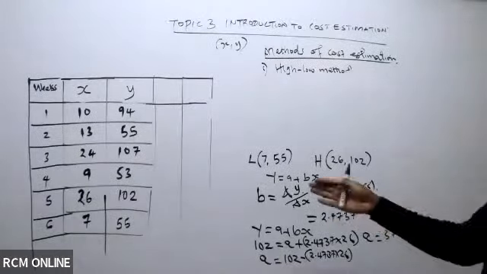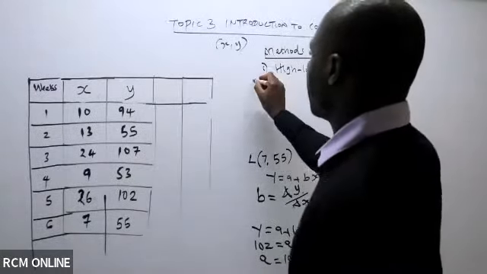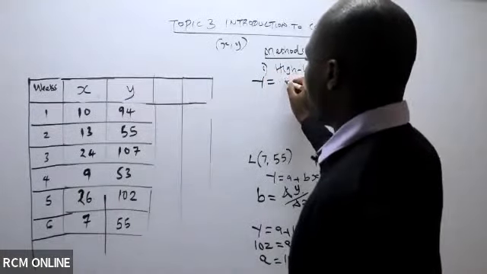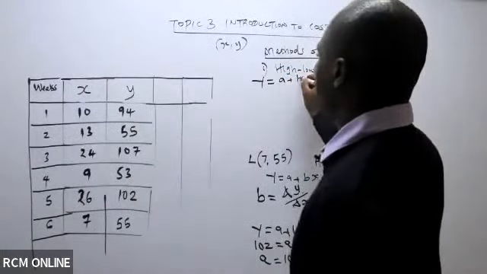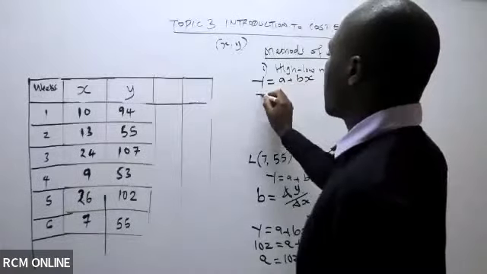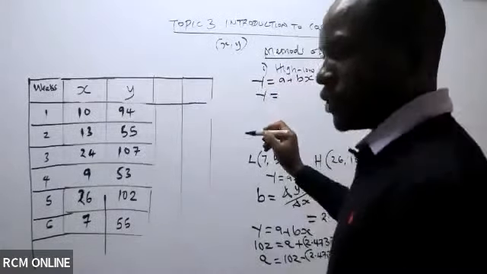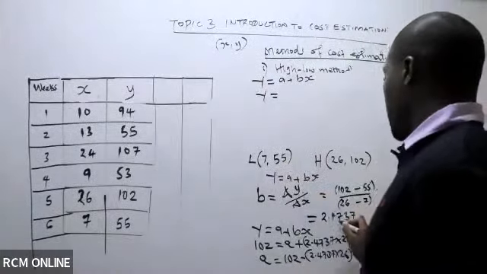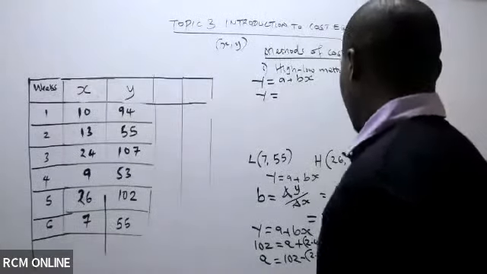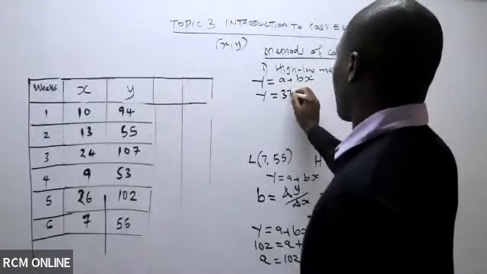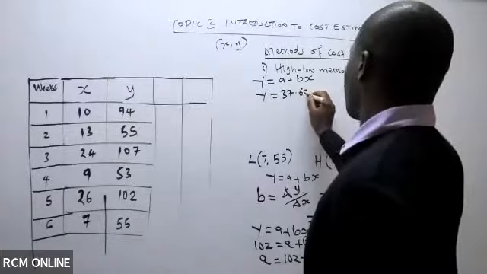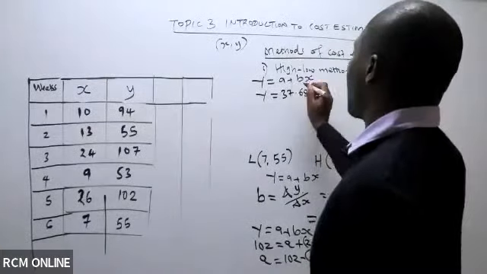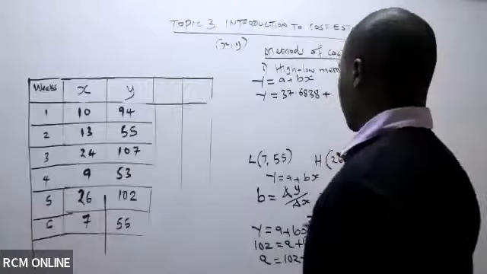Great. So let's now go ahead and have our cost function. We say it is in the form of y equal to A plus bx, right? So do we have A? So our cost function will be y equal to A. What is the value of A? 37.6838 plus bx.